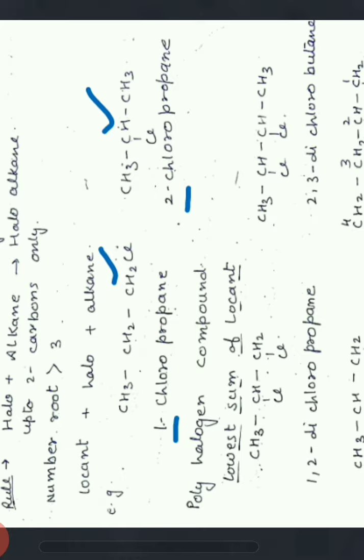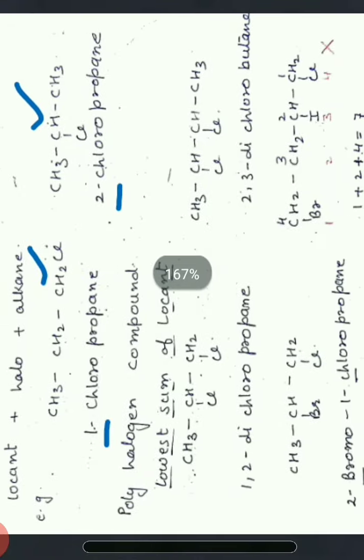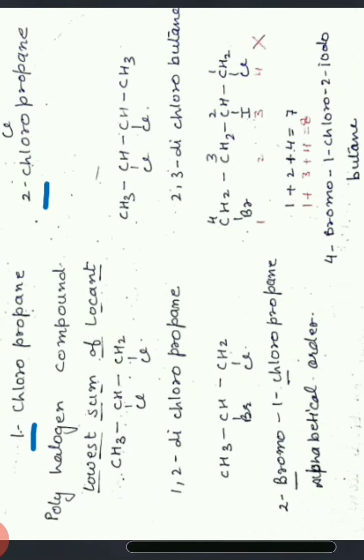Next we come to polyhalogen compounds. Polyhalogen means we have more than one halogen atom in the given compound. So now you see, the first rule, lowest sum of locants, is applied here also.